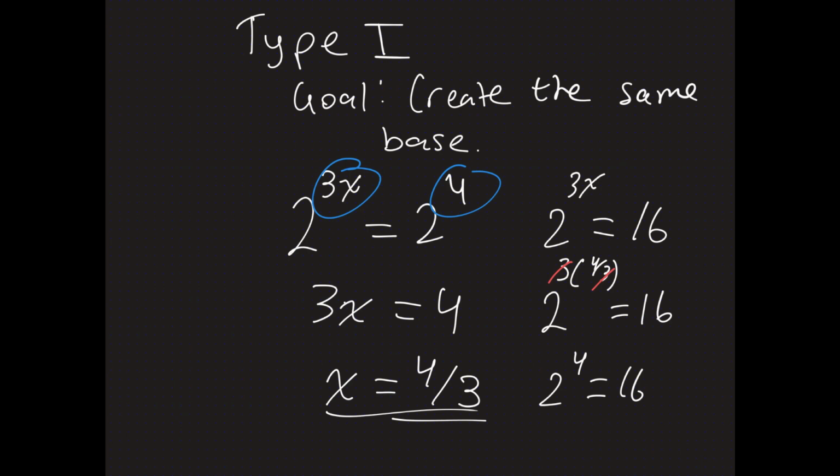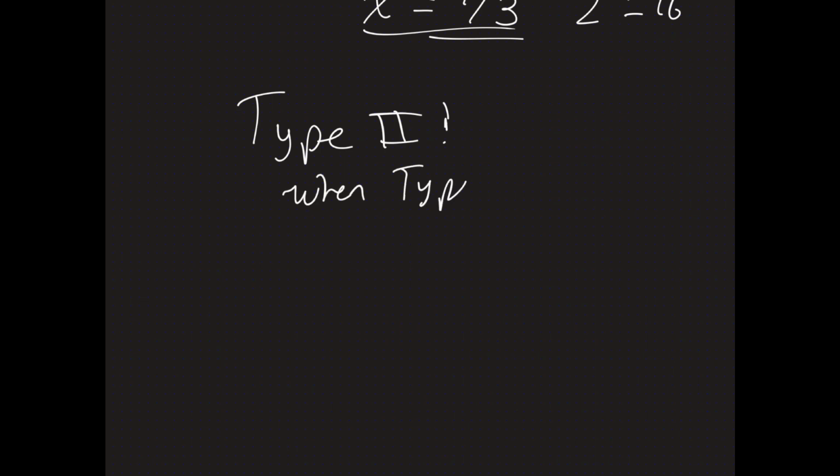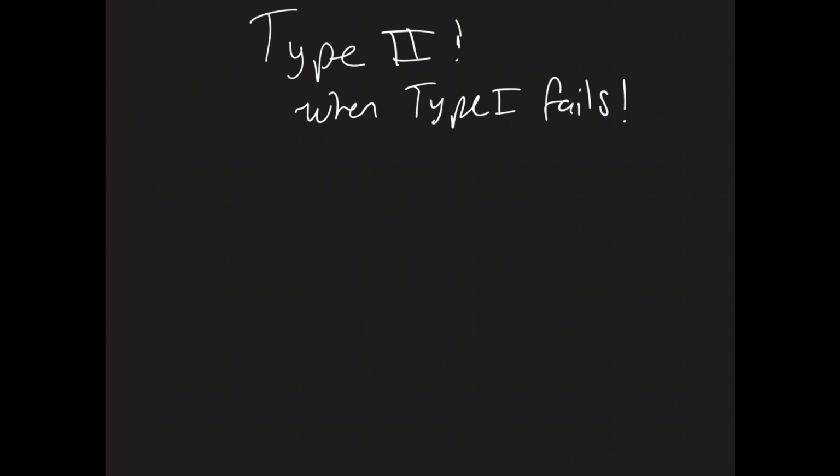Okay, what happens if we can't? What happens when we can't find the same base? I call this type 2, and we use this when type 1 fails. What's an example of an exponential equation where I can't make the same base on both sides?